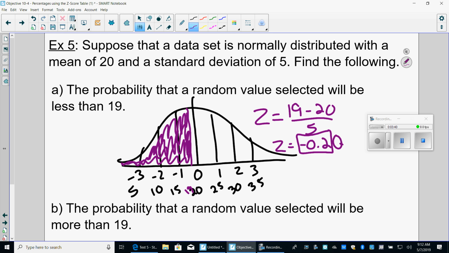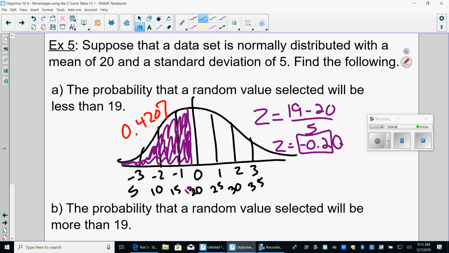Okay, so what percent? All right, so we know that it is 0.4207. Now, we know that's 42%. Does that make sense? Because what did we say it was going to be? We knew it was going to be slightly less than 50, right?